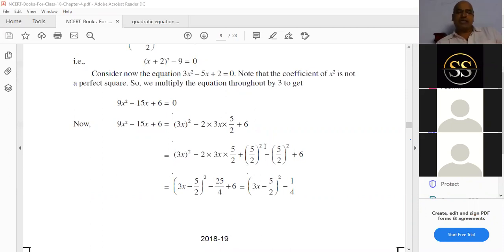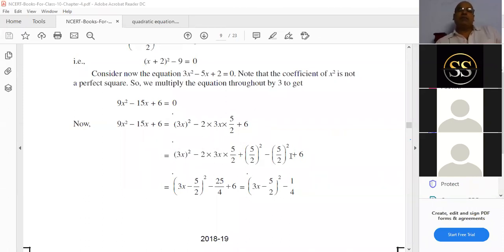This I added extra, so whatever I wrote extra, I have to subtract. That's why both should become 0. This will get cancelled, you will get 0. Plus 5 by 2 whole square minus 5 by 2 whole square is 0. That's why no need to do anything.